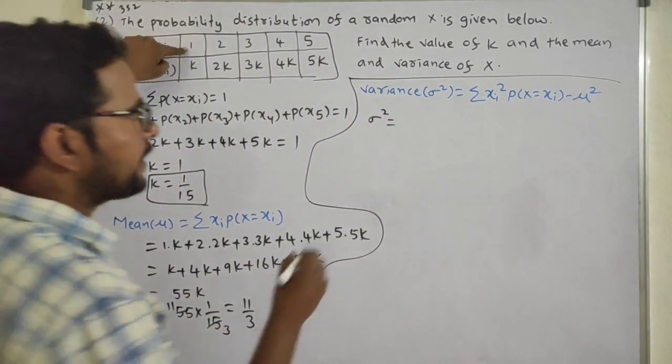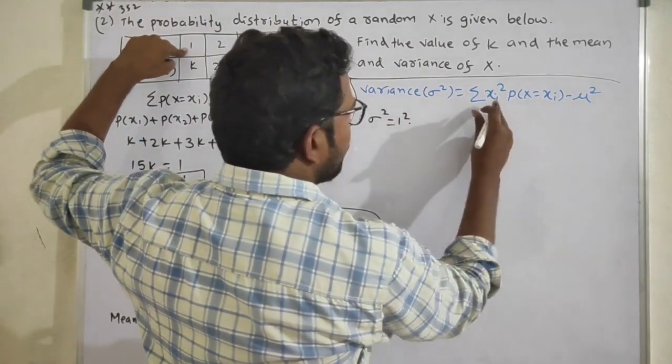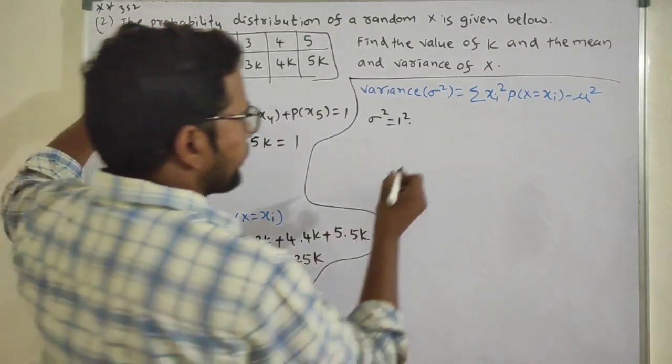1. So take 1 square into probability of 1, which is k.